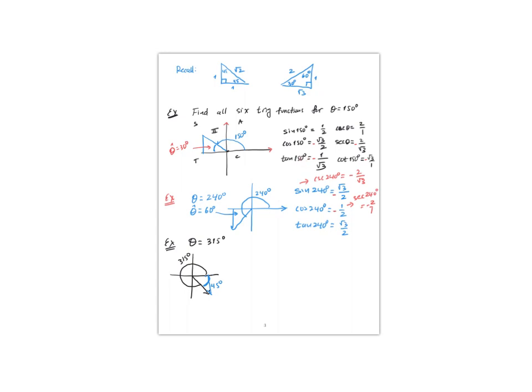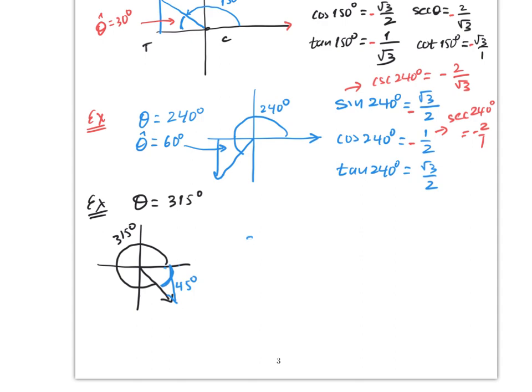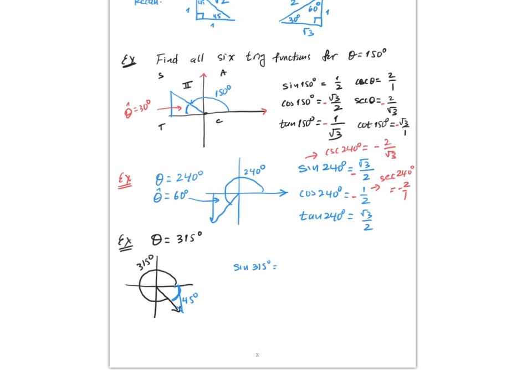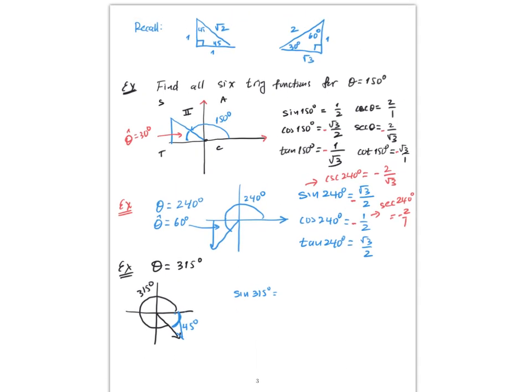So from here, sine of 315 will be the same thing as sine of 45. And for sine of 45, the opposite is 1, the hypotenuse is radical 2. So this is 1 over radical 2, which sometimes simplifies to radical 2 over 2.